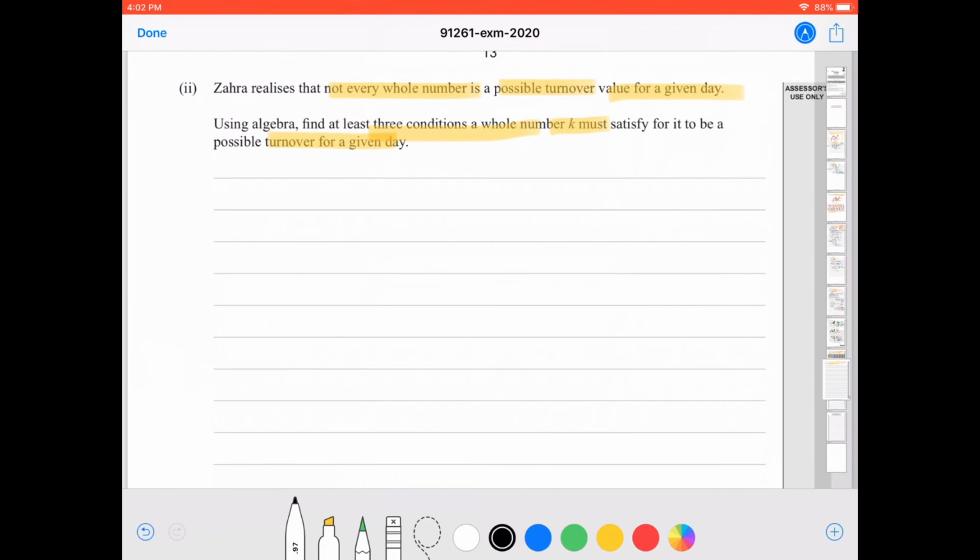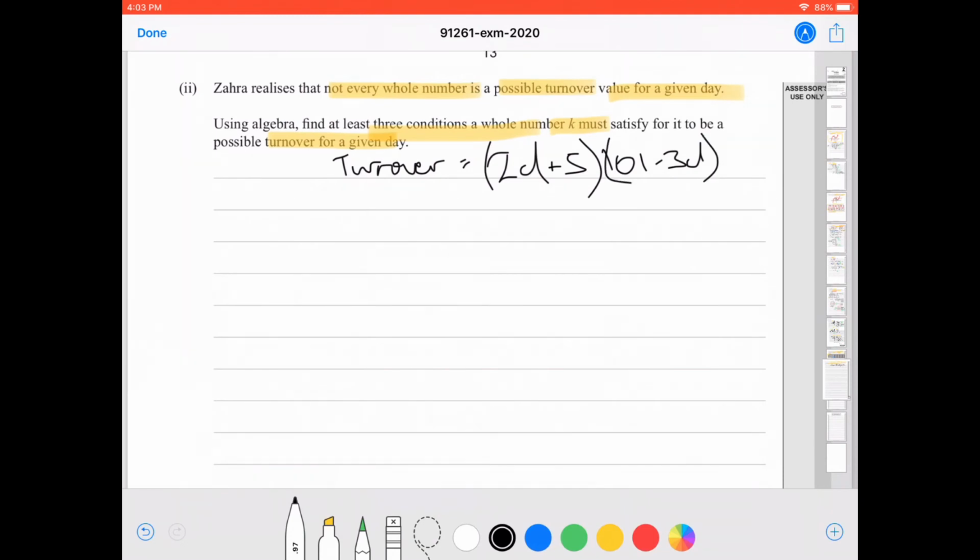our turnover is given by the equation. What have we got here? It is 2d plus 5 times 101 minus 3d, so that's the same as before.